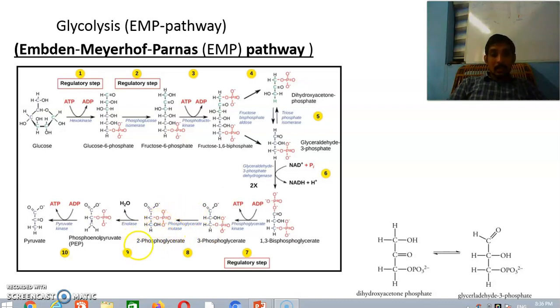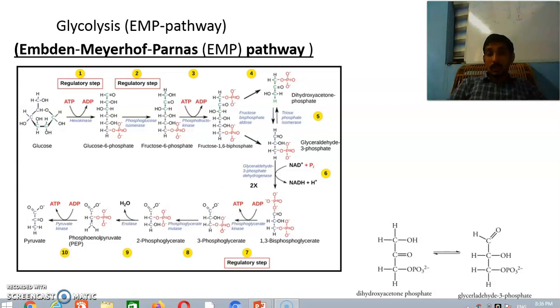In the ninth step, this 2-phosphoglycerate is then converted into 2-phosphoenol pyruvate. What happened here is one H2 and one oxygen get released in the form of H2O. That is, one water molecule gets released from this 2-phosphoglycerate.